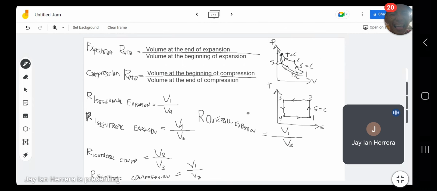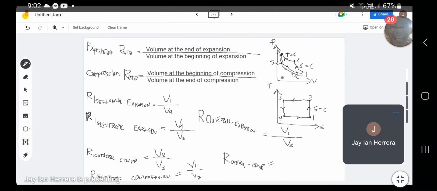So for overall expansion ratio in this TS diagram, that is V1 all over V3, and overall compression naman, that is the volume at the beginning of compression, 0.1, all over the volume at the end of compression, that is 0.3.